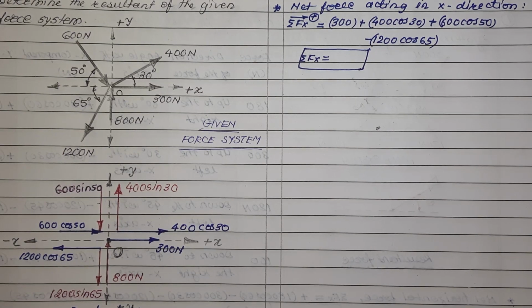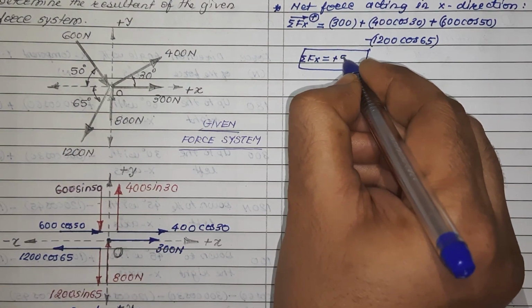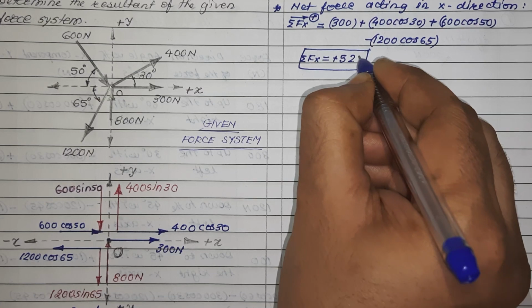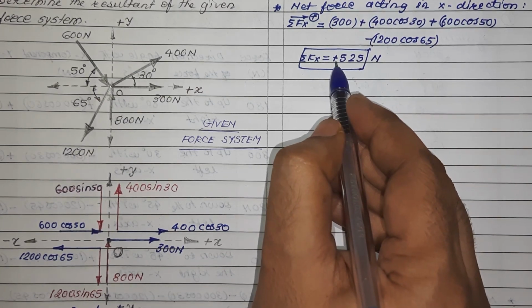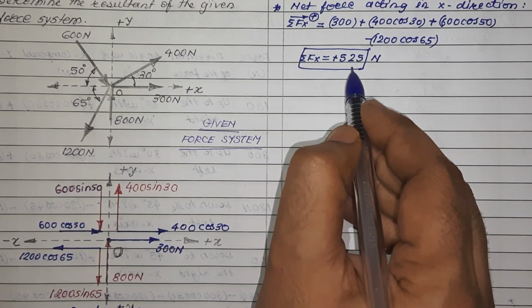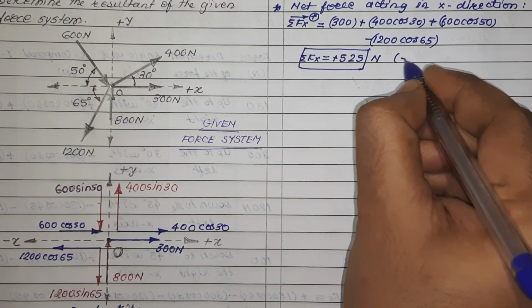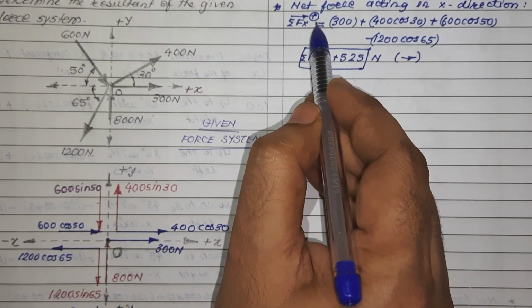Thus, sigma Fx comes out to be positive 525 Newton. This positive sign indicates that this unbalanced force in the system will be acting rightward because rightward force is taken positive.